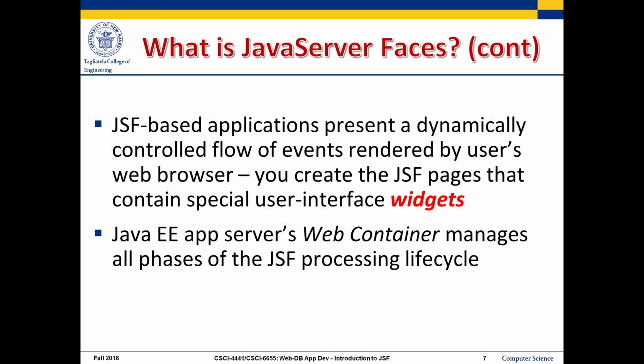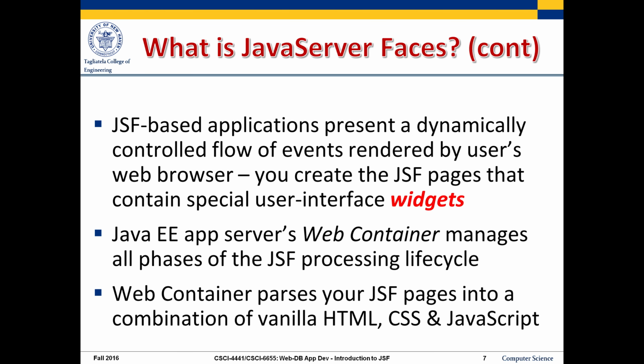Then on the app server side, the web container is the thing that actually manages all of the phases of the processing lifecycle. The web container, part of the Java EE app server, parses your JSF pages into vanilla HTML, CSS, and JavaScript.